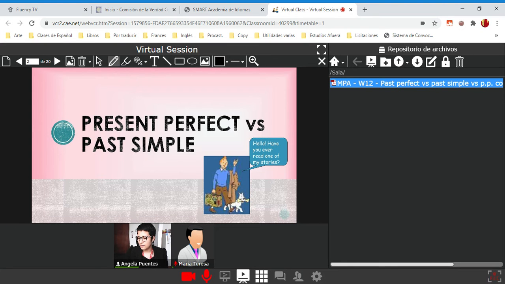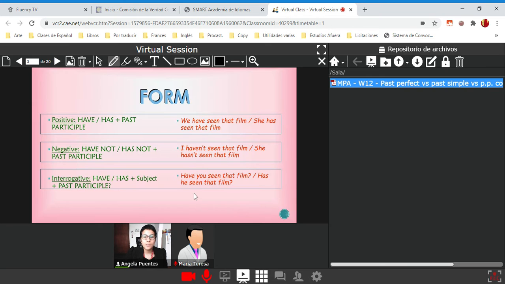He's a journalist. He's a journalist, that's right. And he has a dog, right? Yeah. This is the important thing. Okay, so here we have some images that I use from him to explain how the tenses work in comparison.